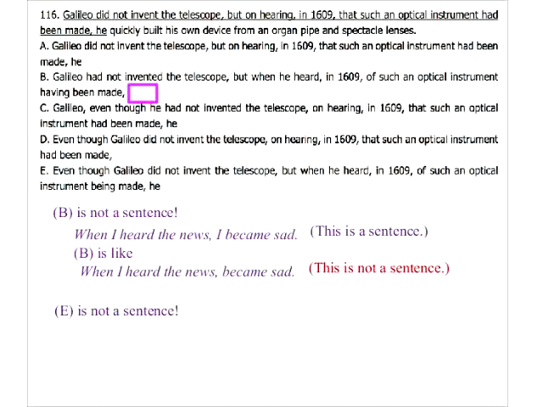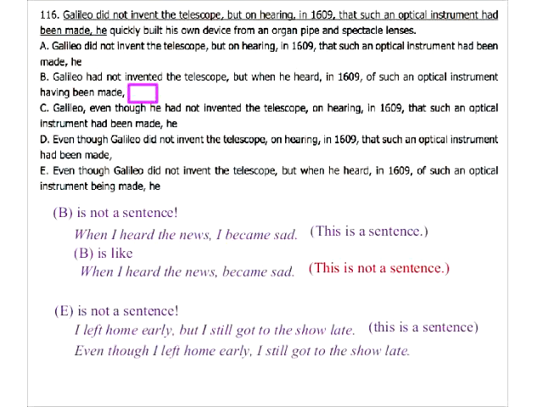For example, if you say, I left home early, but I still got to the show late. That's a sentence. And if you say even though, you could have the same idea. Even though I left home early, I still got to the show late. That's also a sentence.